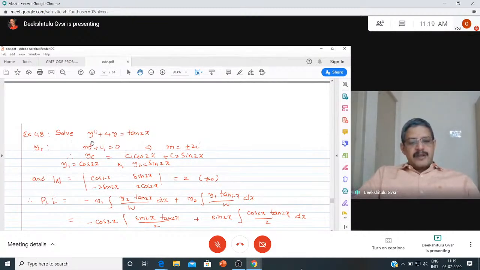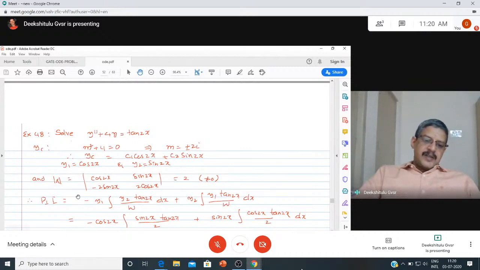So we solve the auxiliary equation, m is equal to plus or minus 2i. The complementary function becomes c1 cos 2x plus c2 sin 2x. So consider y1 as cos 2x and y2 as sin 2x. Then the Wronskian has first row cos 2x, sin 2x, and second row the derivatives. The derivative of cos 2x is minus 2 sin 2x, and the derivative of sin 2x is 2 cos 2x.